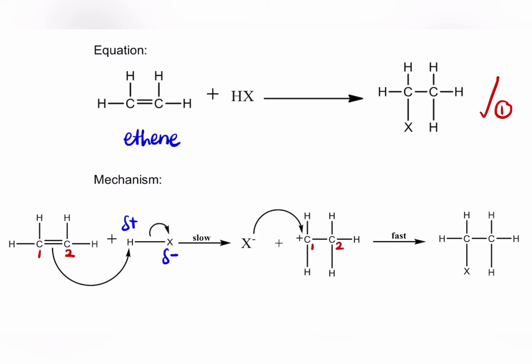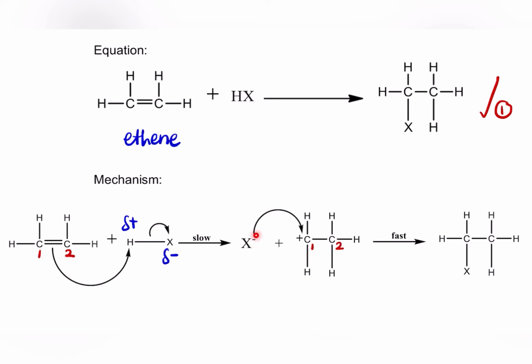And what's next? You detach. X will be X minus. X minus means you have more electrons here. So X minus will attack the carbon that contains the positive charge. This is the carbocation. So the carbocation here will be attacked by X minus.